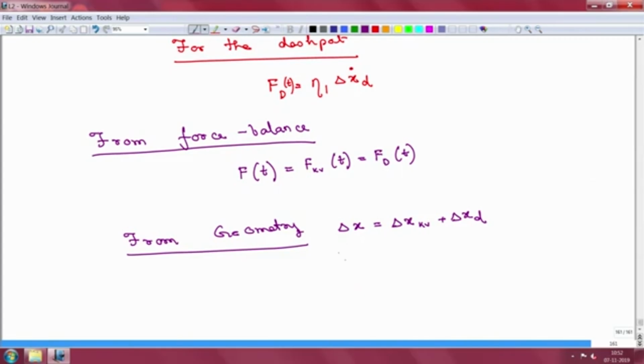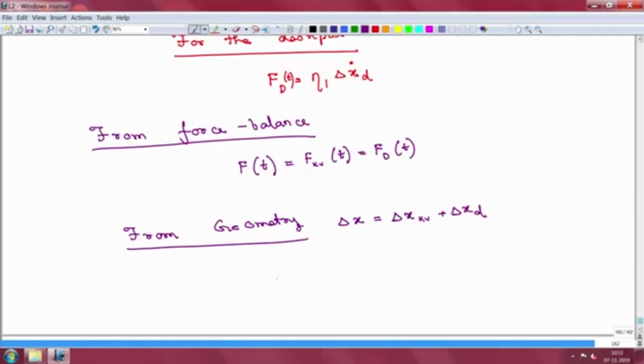So now where do we want to get to? We want a relationship between the force and this displacement right here, right. The left hand sides of the two are the force balance, and from the geometry, the two relationships that we have. Okay. So let us write down the expressions. So now we have F t which kV, which is the same as the net force, is equal to E times delta x kV, and in this case I am just going to use this style.